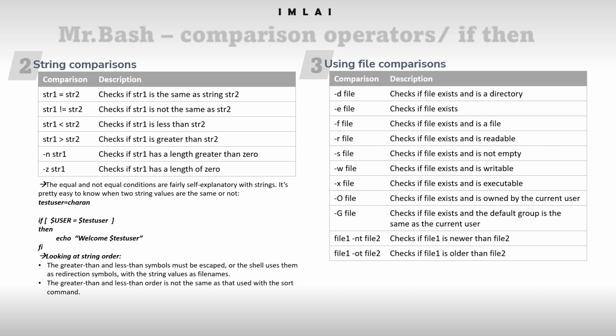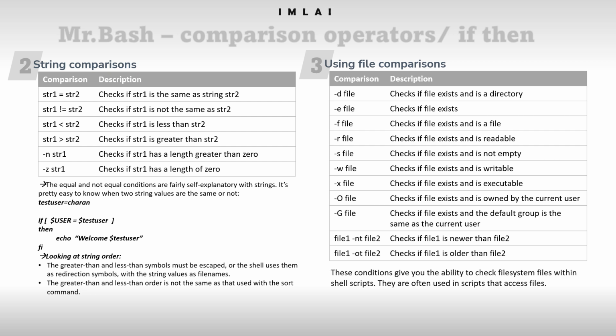And we have file1 -nt file2, which checks if file1 is newer than file2. These file comparisons are very useful for a system administrator handling a lot of files. Just focus on this. And file1 -ot file2 checks if file1 is older than file2 or not.